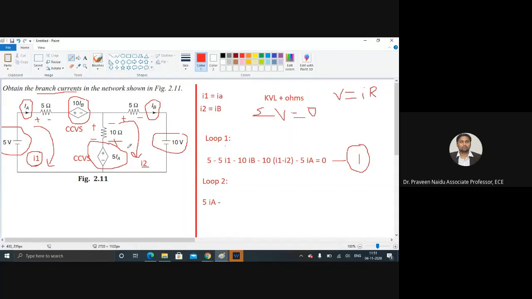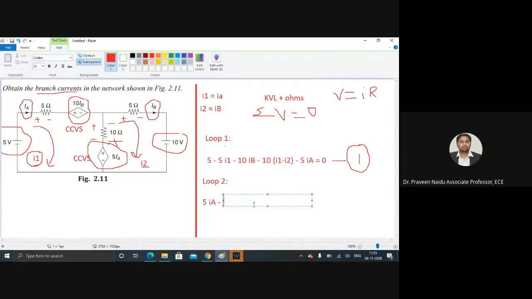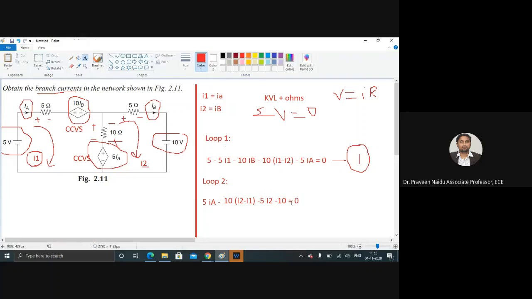So with respect to the second loop, I'll be having from plus to minus for the 10. So minus 10 into (I2 minus I1). Next, minus 5 into I2 minus 10 is equal to 0. That is equation number 2.